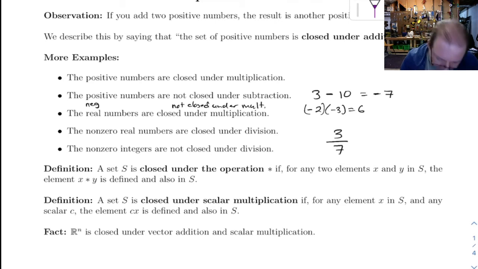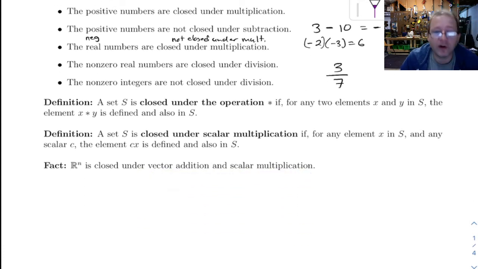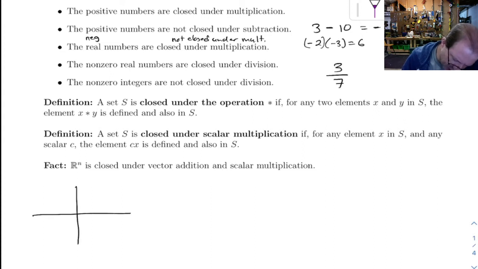So we've got a fact down here that says Rn is closed under vector addition and scalar multiplication. And in fact, Rn is going to be a vector space. But let's play with this for a moment. Let's say that we're looking at any two vectors in R2. I take this vector and this vector, and I'm just drawing two arbitrary vectors.